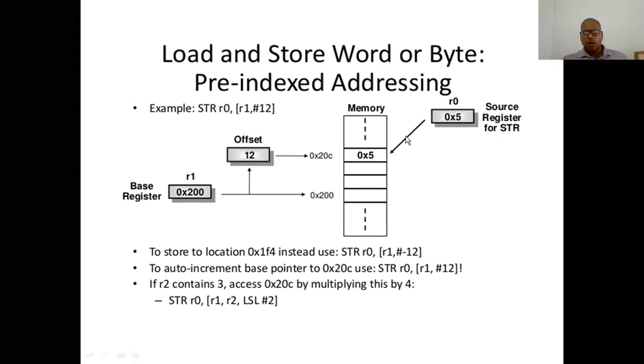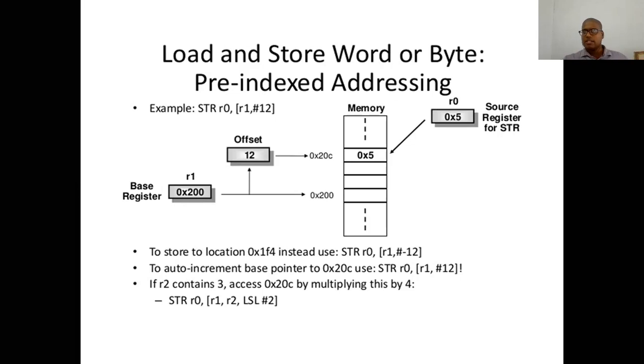See here, whatever is written in the square brackets, the entire thing is considered to be a memory address. Whatever answer is obtained after adding r1 with 12 is considered as an address.